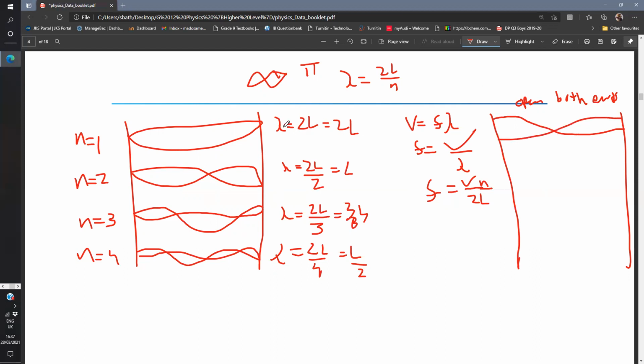So this is the first harmonic. Notice that here we have one loop. Basically, if we bring this to this side, it's just like that. And the same concept here.